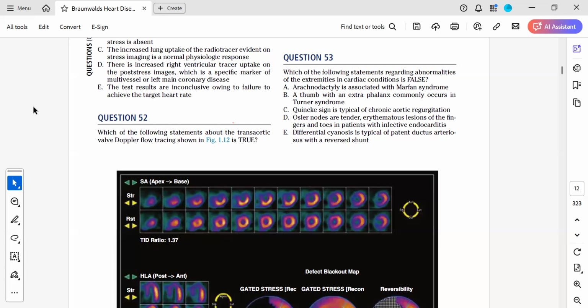Normally in PDA, there's a left to right shunt, but with continuous flow of blood from the left to the right, with time there's an increase in pressure on the right, leading to reversal of the shunt as a result of the increased pulmonary arterial pressure.